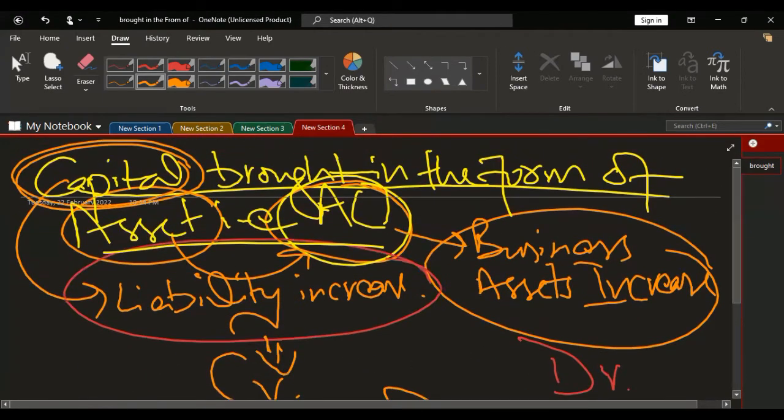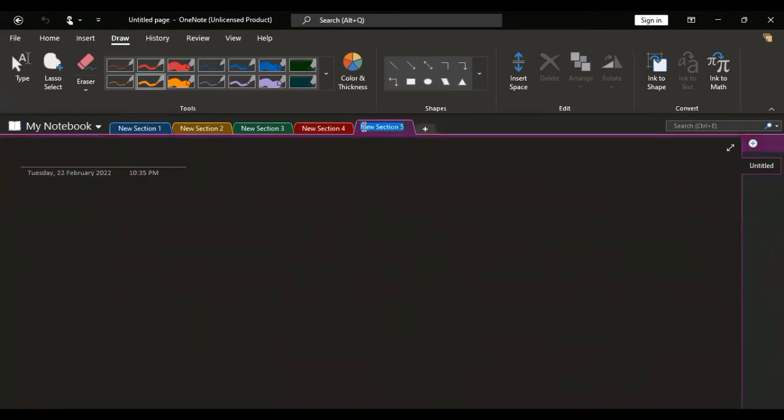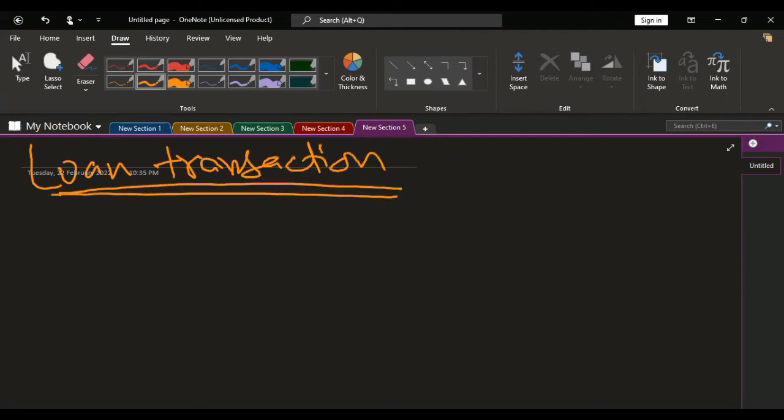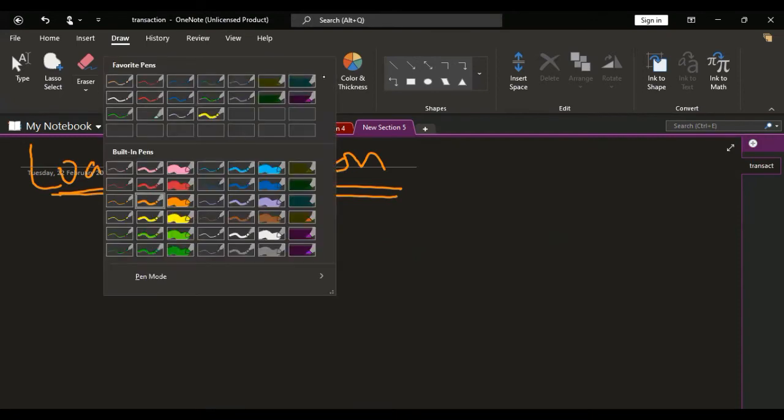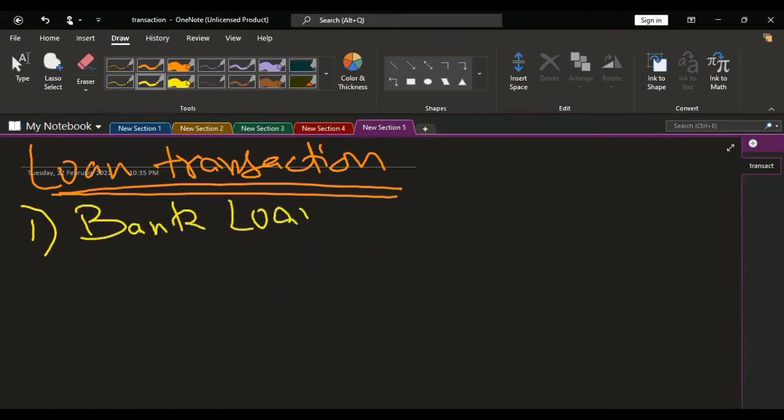So three examples have been discussed regarding capital. Now move to the next category, loan transactions. First one is bank loan obtained.